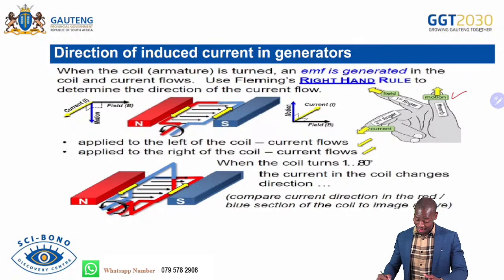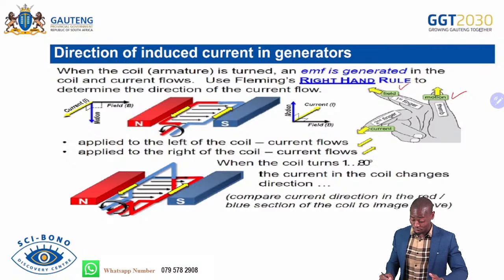The index finger is in the direction of the magnetic field. Wherever your index finger is pointing, it should point to the south pole, because remember, the magnetic field lines run from north pole to south pole.